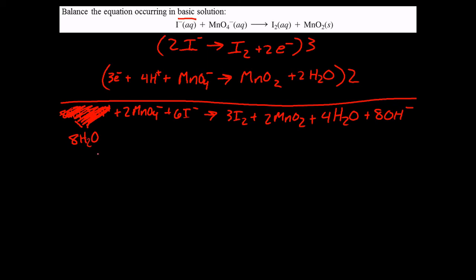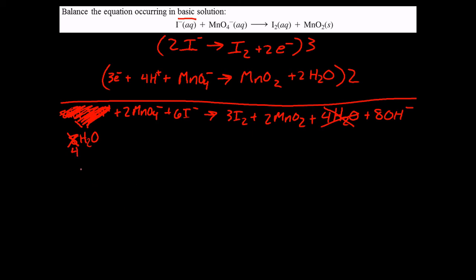So those are now gone, and I have 8 waters instead. So now I have to again look at the reaction and say, do I have anything on both sides that I can get rid of? And I do. I have 8 waters on the left, 4 waters on the right. So those 4 waters are going to cancel out 4 of these waters, not all of them, just 4 of them, so that I have 4 waters left.